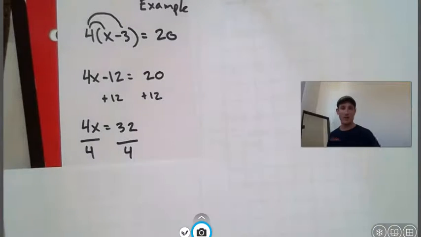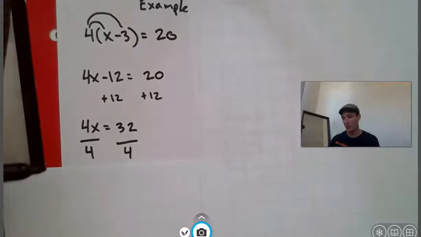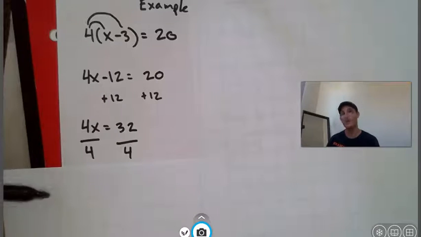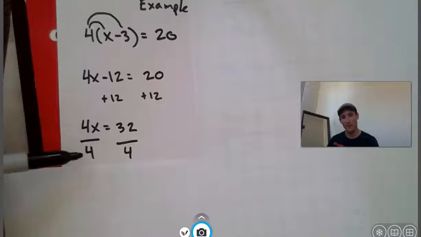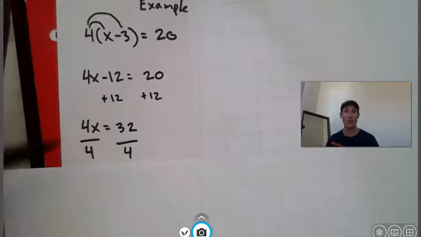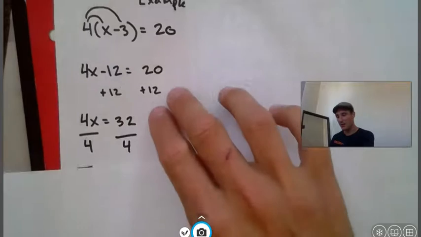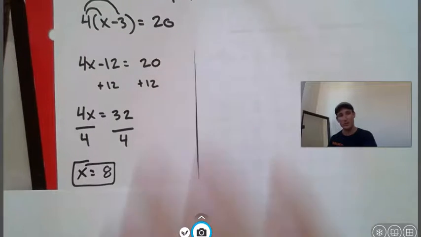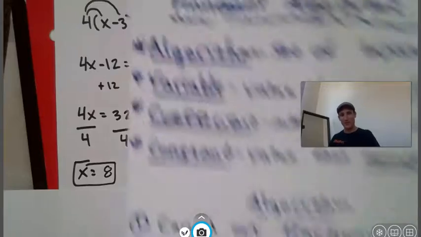Notice how I use the slash or the fraction line to display division. 4x divided by 4, well, 4 over 4 is 1, so that makes the 4's go away, leaving me with just x, or 1x, which is x. 32 divided by 4 is a nice even number. X equals 8.